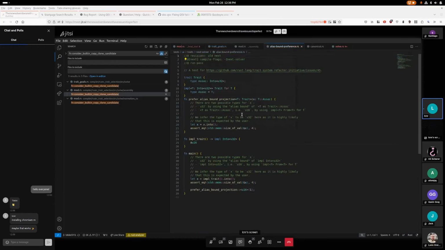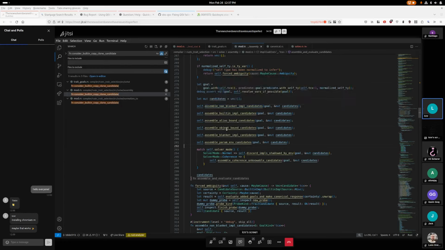So here we have T: Trait and T::Assoc. If we now use x.into, we look at the item bounds of the associated type. There's an Into<u32> item bound, so that works. Cool.